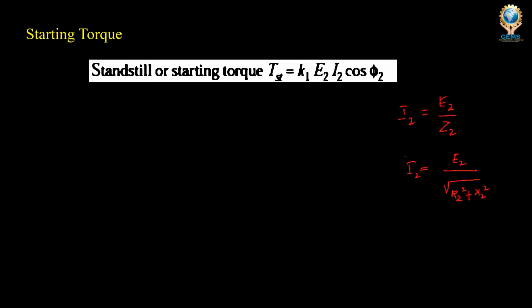And then cos phi 2 equal to R2 by Z2, so R2 divided by Z2 value. If you put the Z2 value here, root of R2 square plus X2 square. Now these values we are going to put in this equation.